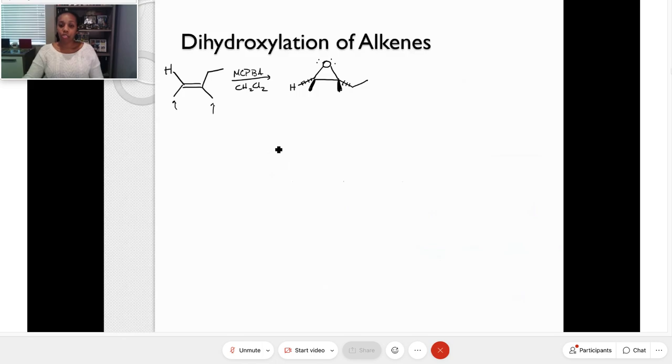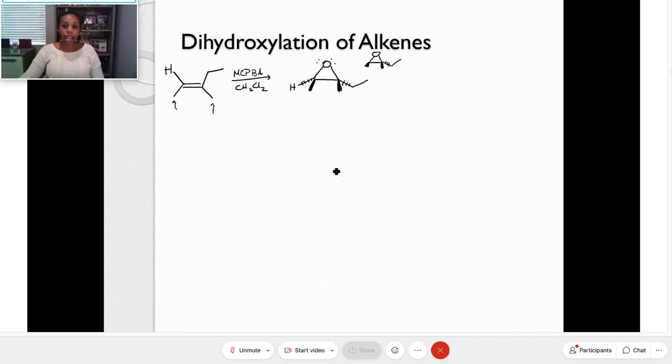Now, I usually don't show the hydrogen. I'm just showing you it here so that we can all be on the same page. But usually I would draw it like this. This would be how I would draw this alkene, where you just have to know there is a hydrogen there. Now notice everything's pointed down and the oxygen is up.